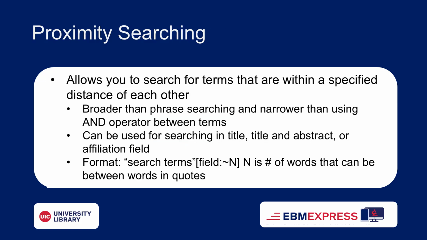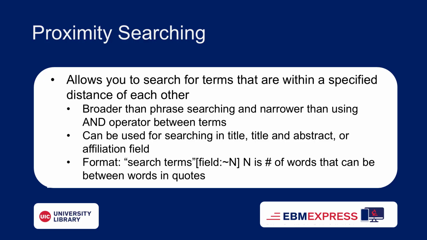Proximity searching is another useful technique. It allows you to specify the number of words between your search terms. This method is broader than phrase searching, but narrower than using the AND operator, which is the default if you do not use quotation marks around your search terms.